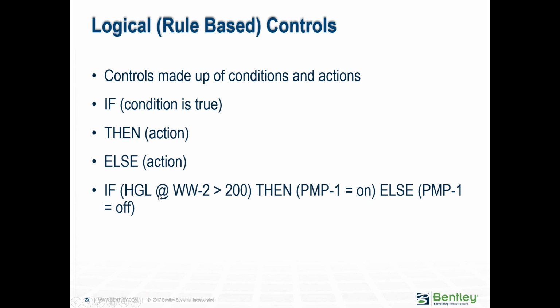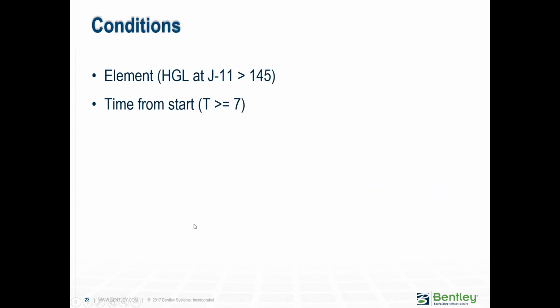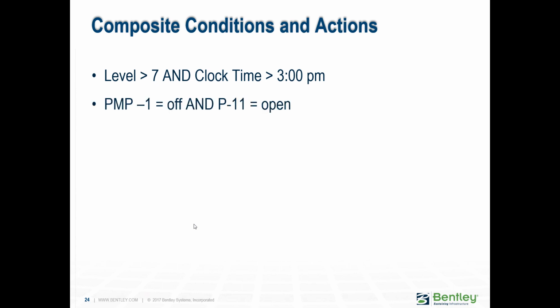Here's an example. If the hydraulic grade line at the wet well is greater than 200, then turn the pump on, or else leave the pump off. Okay, here are some examples of conditions you could have. Hydraulic grade line at a node, time from the start, clock time. And here are some examples of actions that you could have.